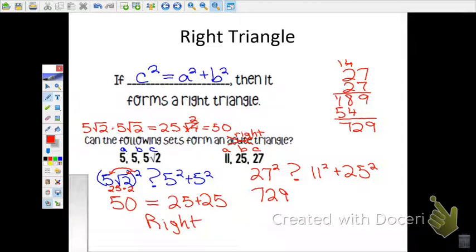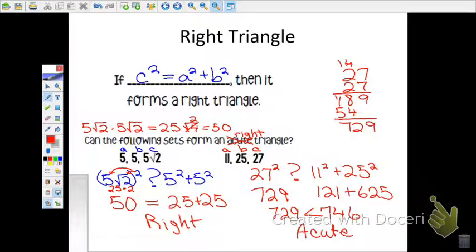What's 11 squared? 121. And 25 squared? 625. So when we add those together, we get 746. So this is less than, so it's not a right triangle. Because it's less than, we know it is an acute triangle.